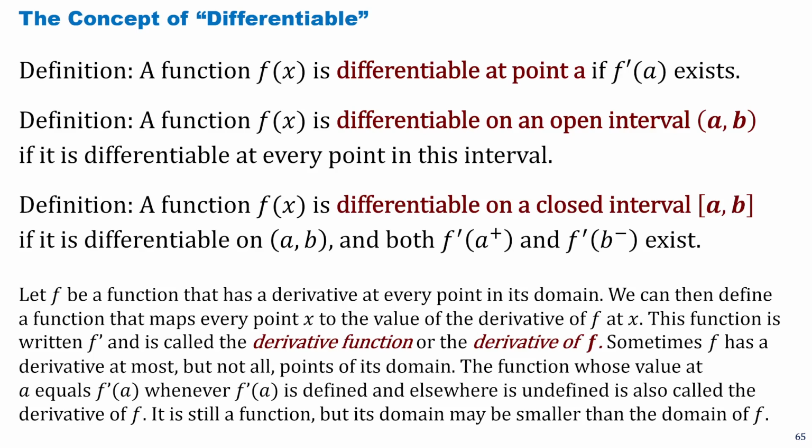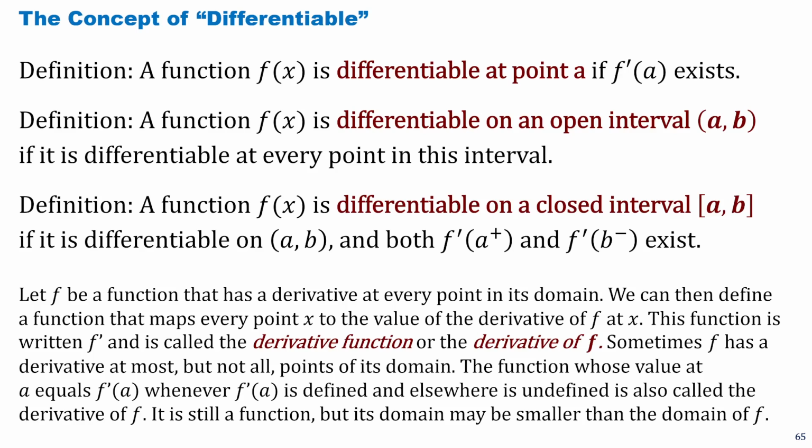Let f be a function that has a derivative at every point in its domain. We can then define a function that maps every point x to the value of the derivative of f at x. This function is written as f prime and is called the derivative function, or simply the derivative of f. Sometimes f has a derivative at most, but not all, points of its domain.